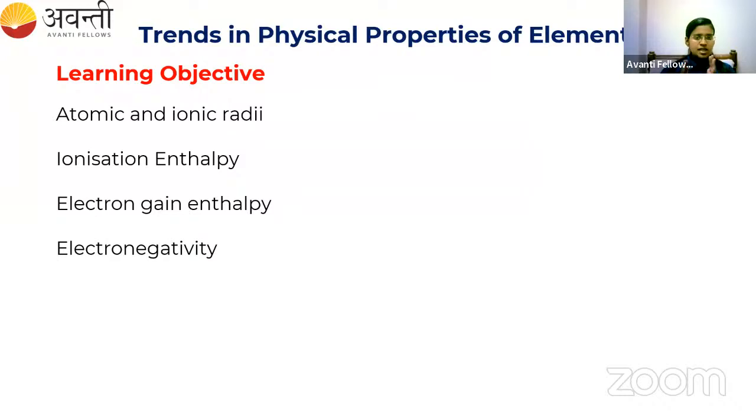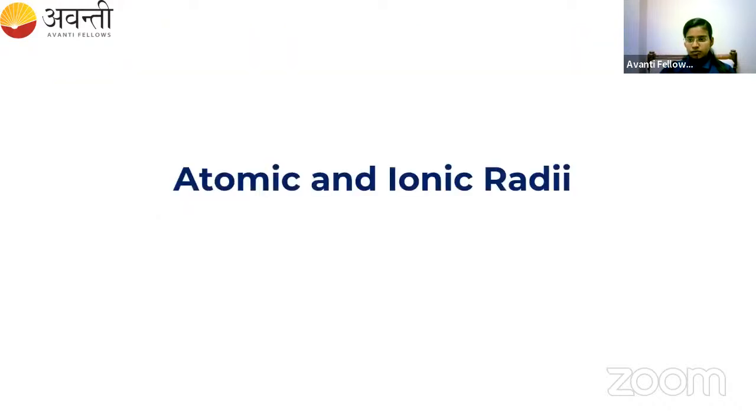In this lesson we will study the general concepts, and in the specific lessons we will study the atomic and ionic radii of those particular block elements. The concepts in all these four are very, very important. These are the physical properties of each element. So now let's start with atomic and ionic radii.